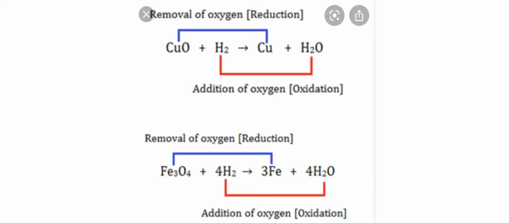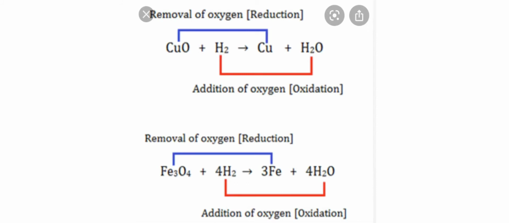In the next example, iron oxide is reacting with hydrogen and iron and water are formed. Here you can see that iron oxide Fe3O4 is getting converted into Fe by losing the oxygen. So in this reaction oxygen is lost, so this reaction is reduction reaction.